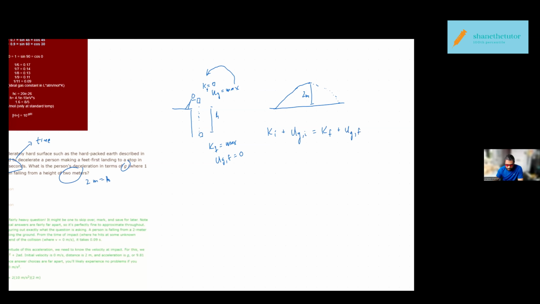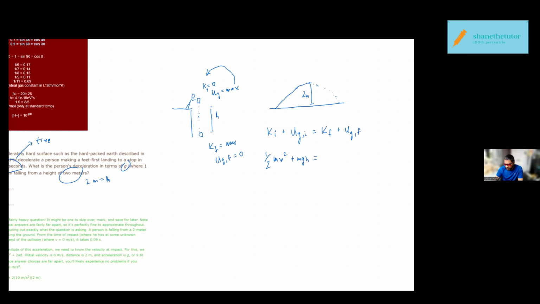Now, what's the formula for kinetic energy? 1/2 mv squared. And gravitational potential energy is mgh.